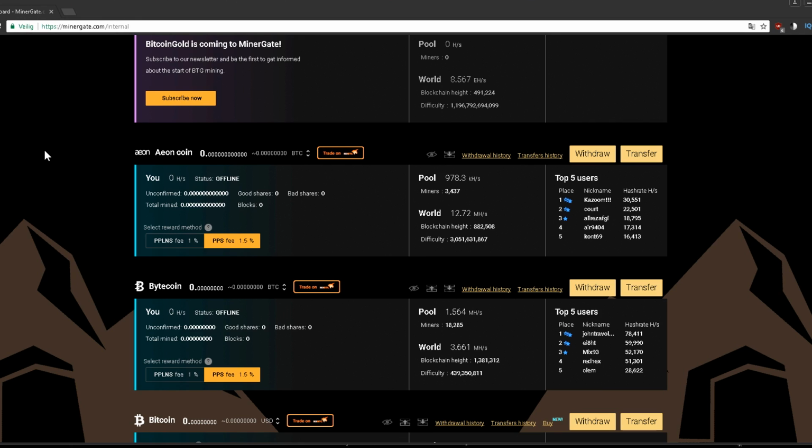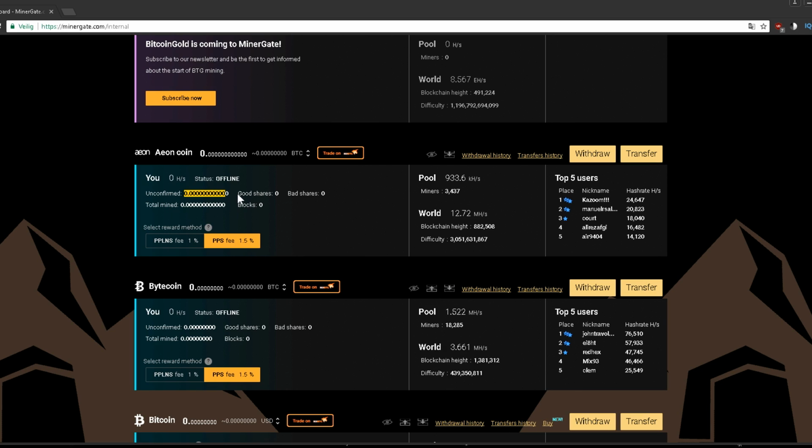Now, if we were mining Ian coin and we have a certain hash rate, for instance 500 hashes, you will see the unconfirmed amount add up. This amount is going to be changing.